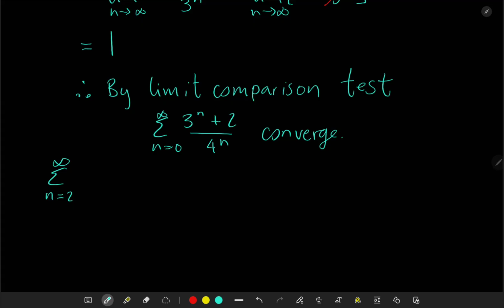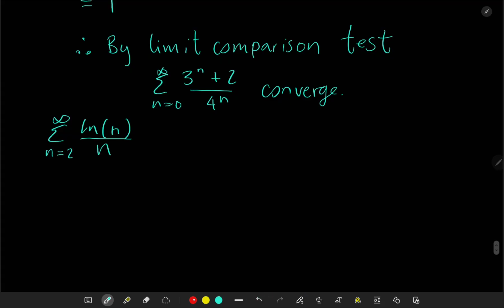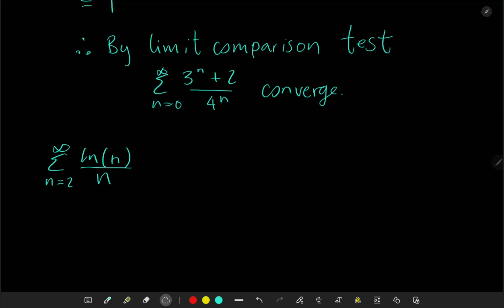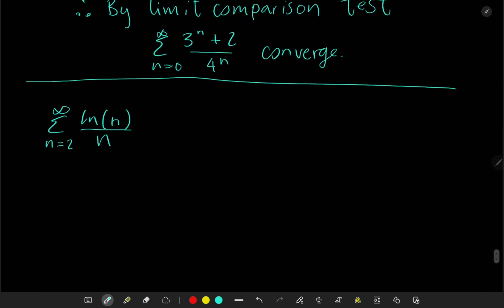So for example, the natural log of n over n. So let's see how we do with this one. By the way, I should have moved it a little bit lower. There it is. So, okay, you have a 1 over n. That in and of itself seems like it's going to diverge.